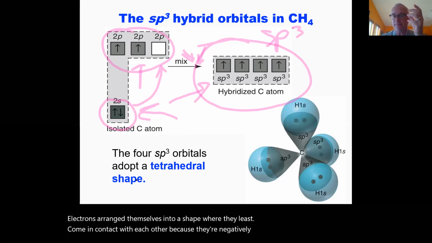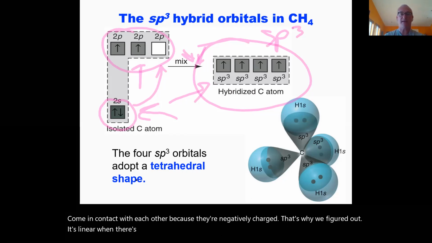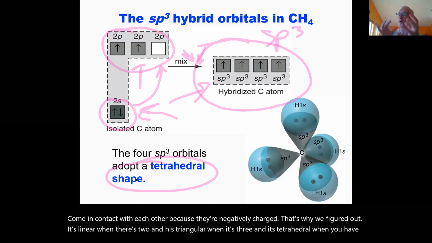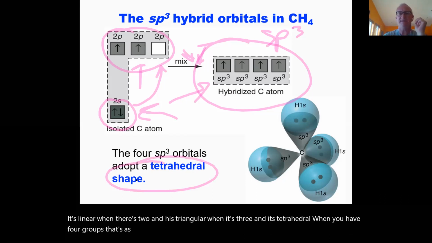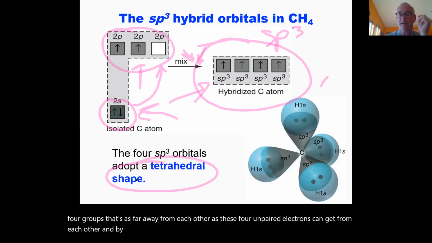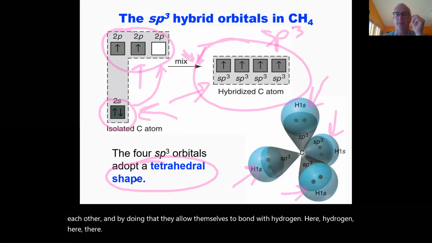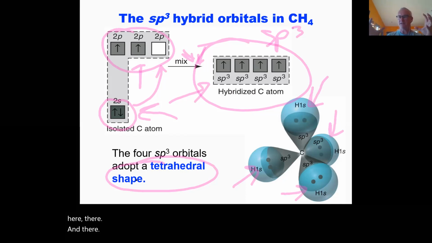That's why we figured out it's linear when there's two, and it's triangular when it's three, and it's tetrahedral when you have four groups. That's as far away from each other as these 4 unpaired electrons can get from each other. And by doing that, they allow themselves to bond with hydrogen here, there, and there. So there's maximum distance between all of them.